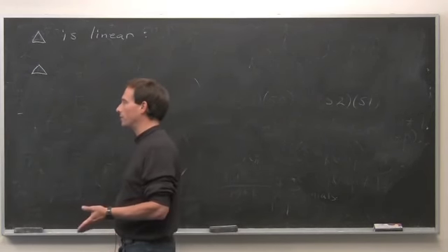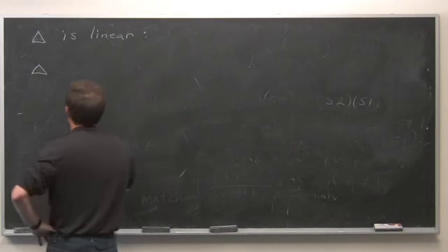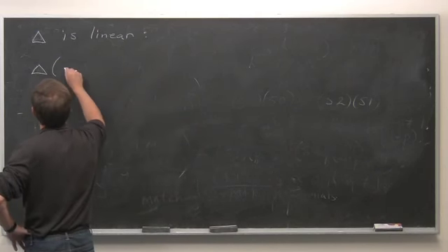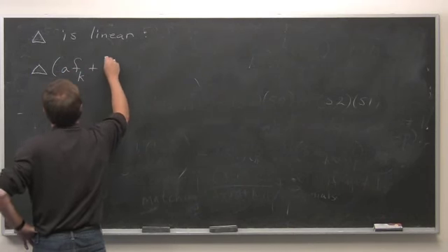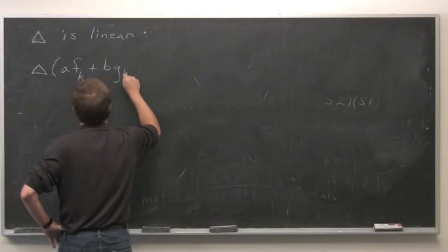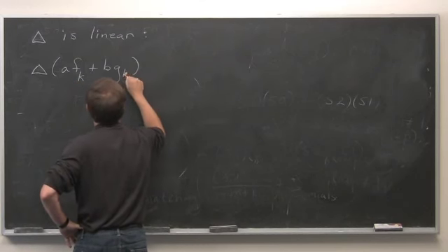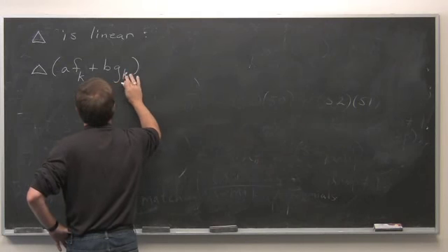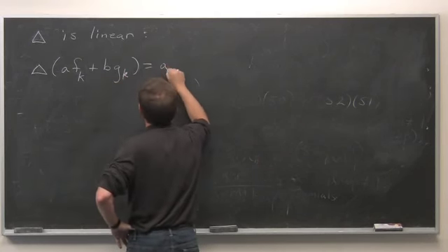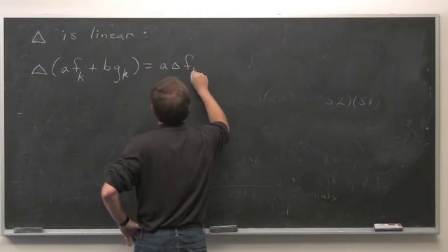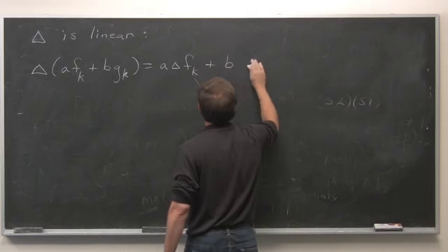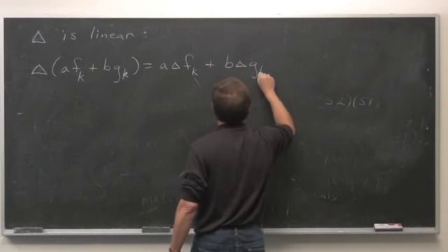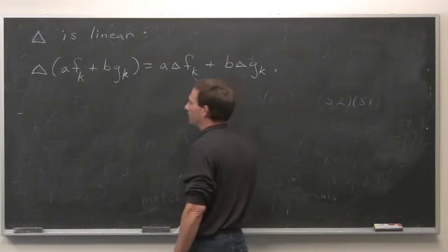It just follows from basic algebra properties that you've known for a long time. If you take delta of a constant times one function plus a constant times another function, you can split up the sums and pull out the constants. So this is a times delta f sub k plus b times delta g sub k. This is easy to show.